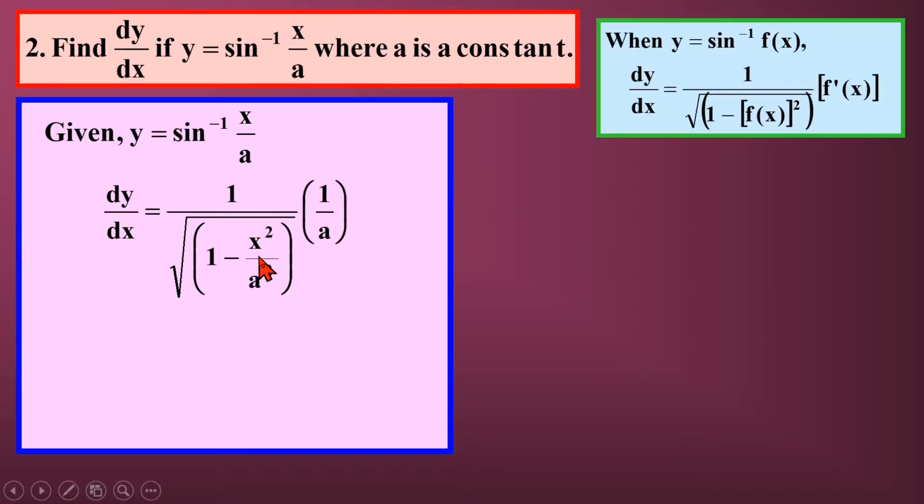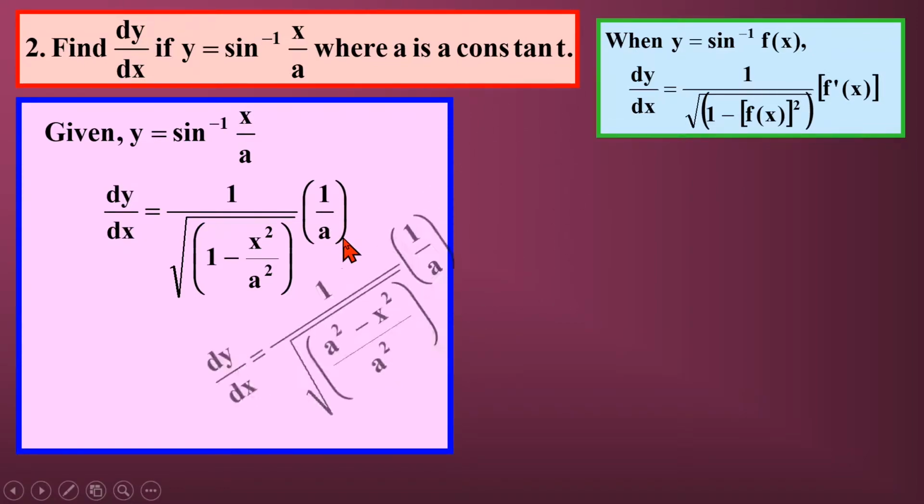So I have x over a squared. Then I will differentiate x over a. Since a is a constant, so I will get 1 over a, just like what I did in previous question, where I have 2x. So when I differentiate it, I get 2. But for this case, when I differentiate x over a, I get 1 over a.